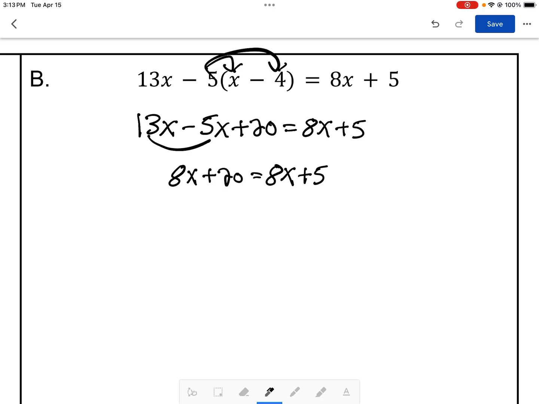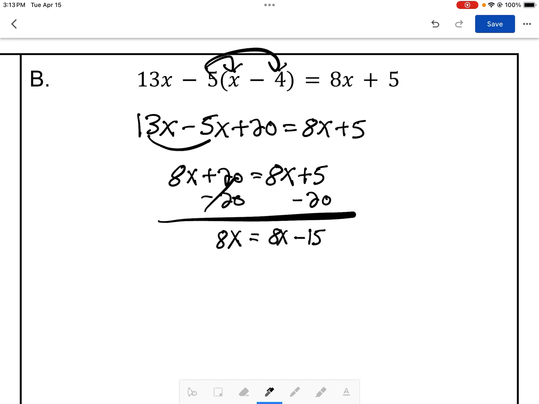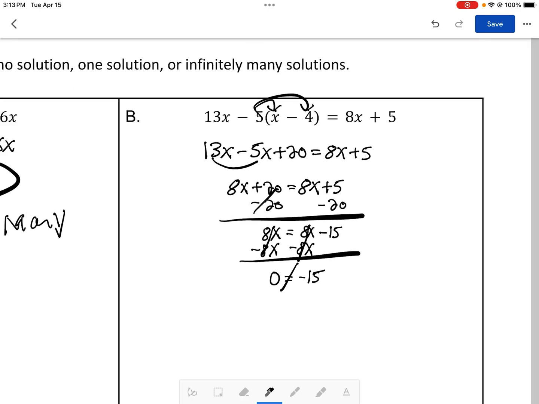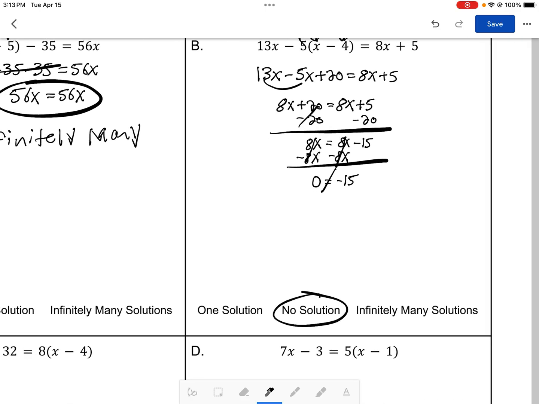I'm going to subtract 20 on both sides. 5 minus 20 is negative 15. I need to get my x's on the same side, so I'm going to subtract 8x on both sides. When I do that, I get 0 is equal to negative 15. That is not a true statement, so this is a no solution problem.